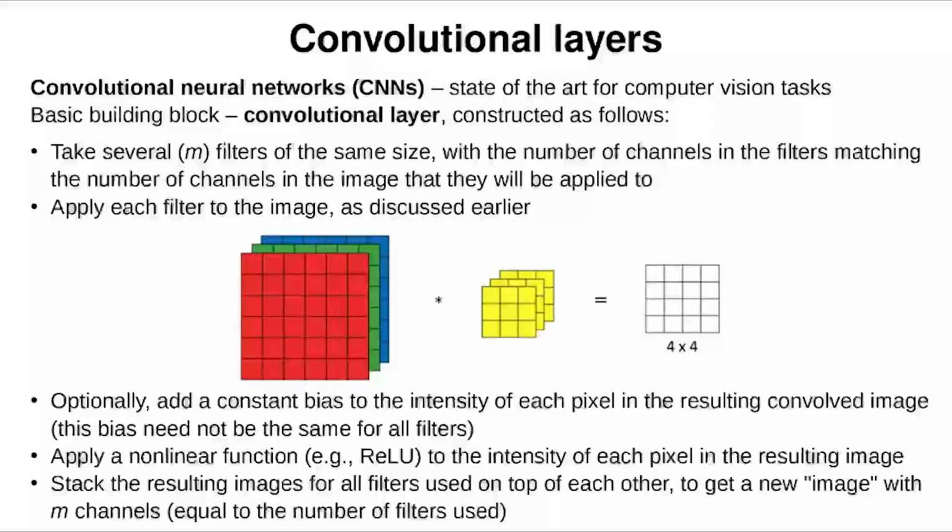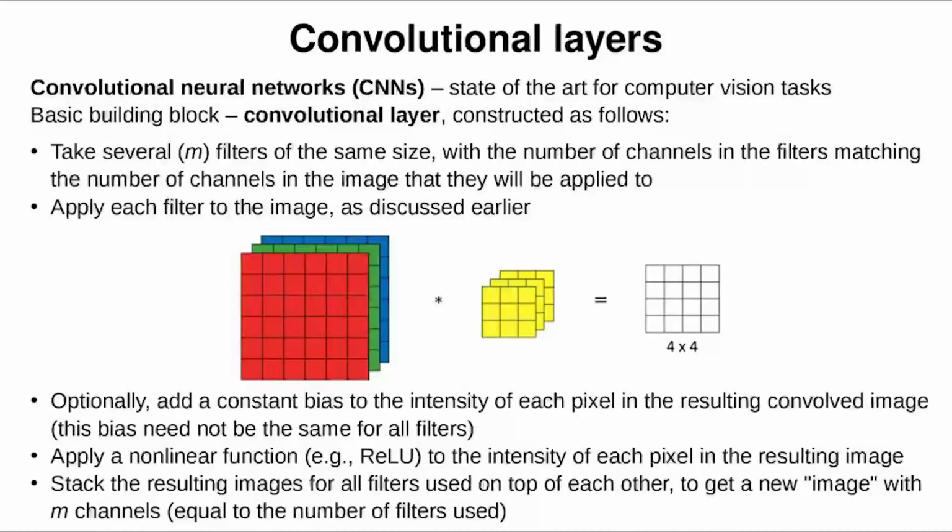The convolution of the image with each of the filters results in a 2D channel. We can optionally add a constant bias to the intensity of each pixel in the resulting convolved image. This bias need not be the same for all filters.